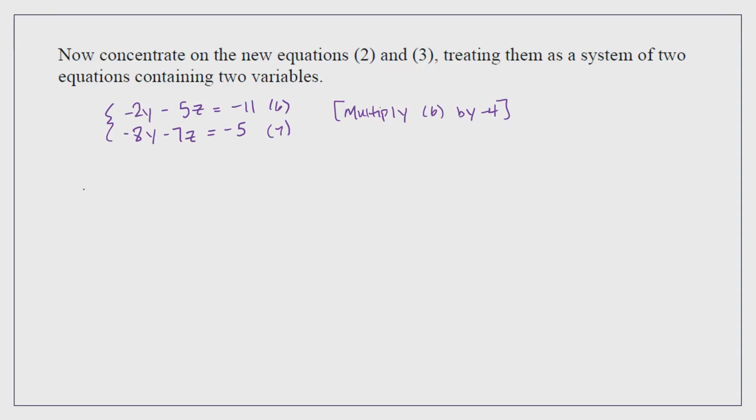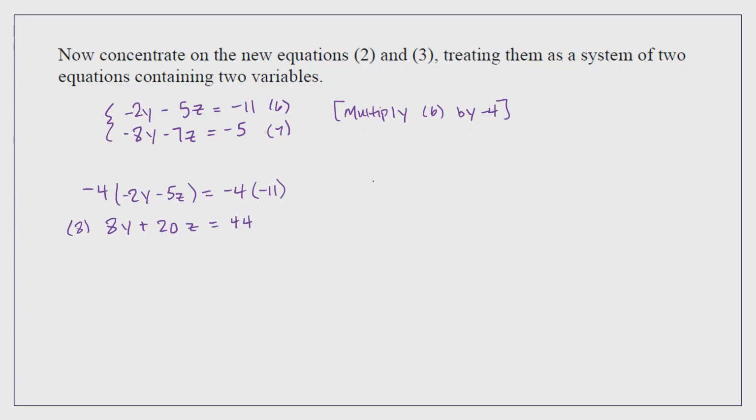So let's multiply the left side and the right side by negative 4. We'll get 8y plus 20z equals 44. This is my new equation, equation 8.